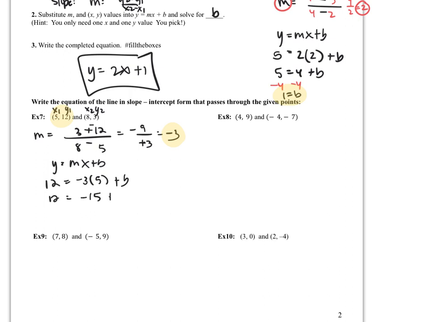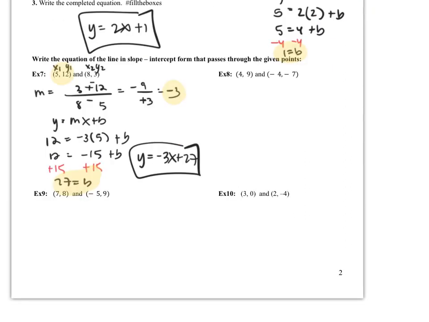Negative 3 times 5 is negative 15. And then to get b by itself, I would add 15 to both sides. So that means my b value is 27. So now I know my b value. I found my slope using subtraction fraction. And this means my equation is y equals negative 3x plus 27.